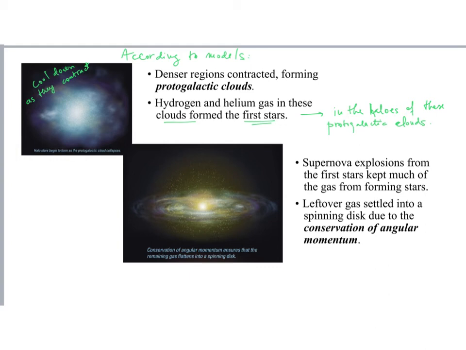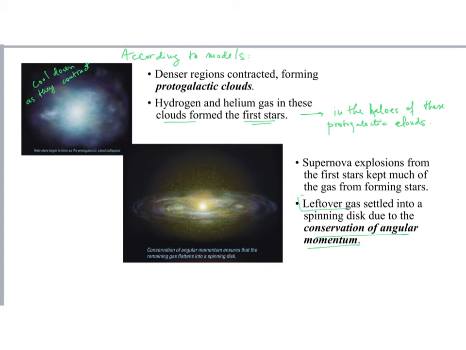Now, these first generation stars were probably quite massive, therefore living and dying very fast within just a few million years, so a very short time compared to the time required for the collapse of the protogalactic cloud into a spiral disk, which will form thanks to the conservation of angular momentum.